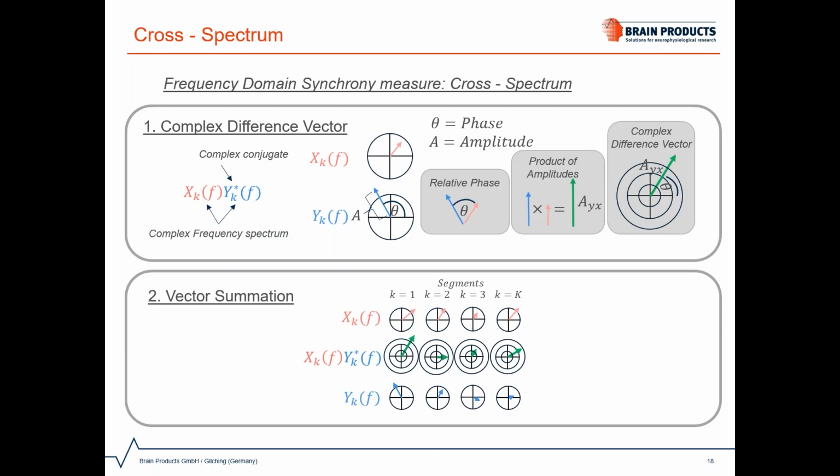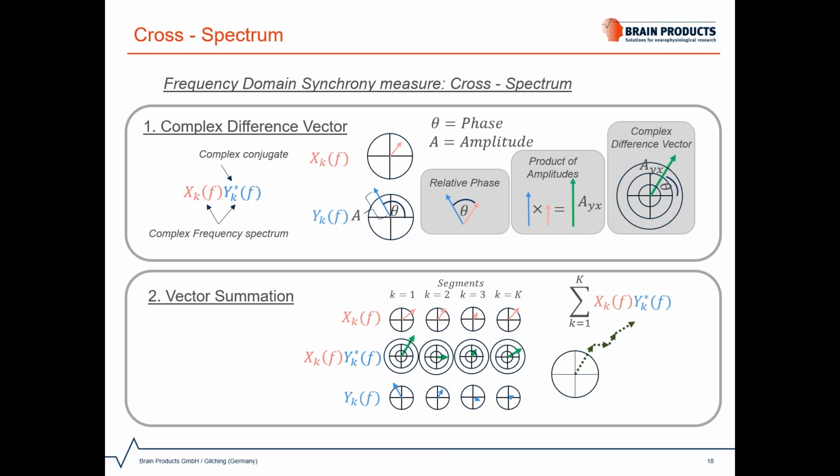Given frequency domain data, we have one complex vector per frequency and also per segment and per signal. The difference vector between the signals is then calculated as described here and then summed up.